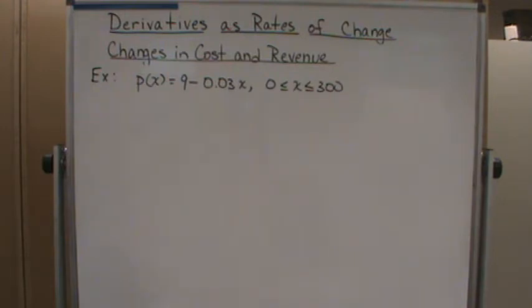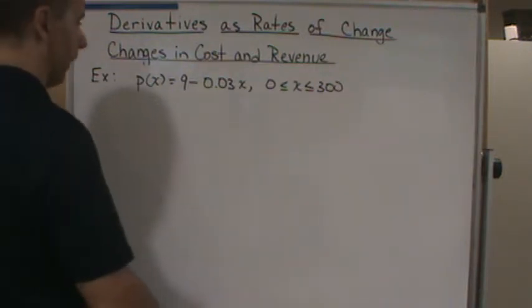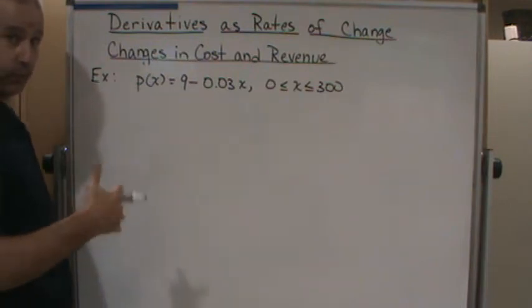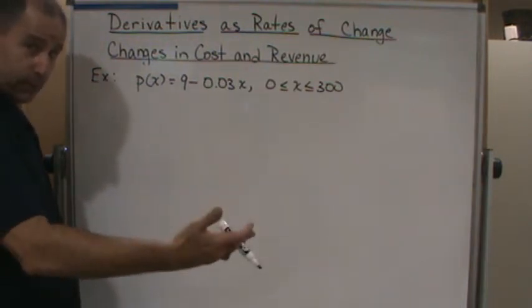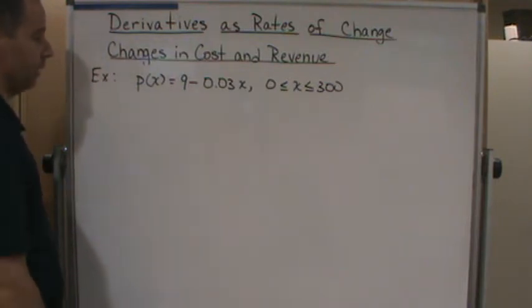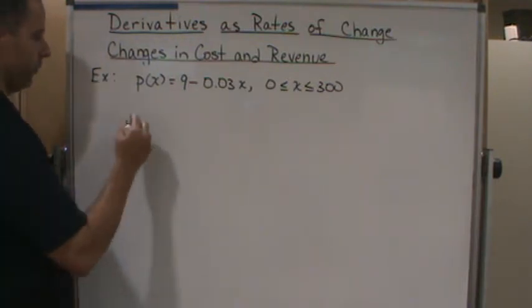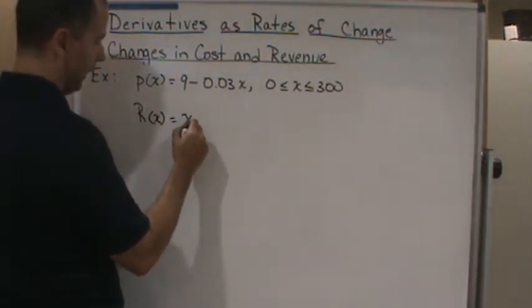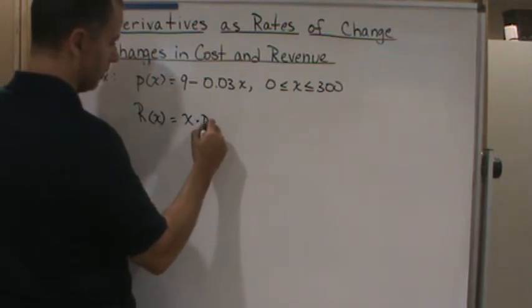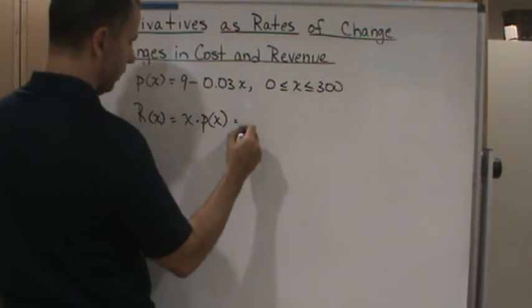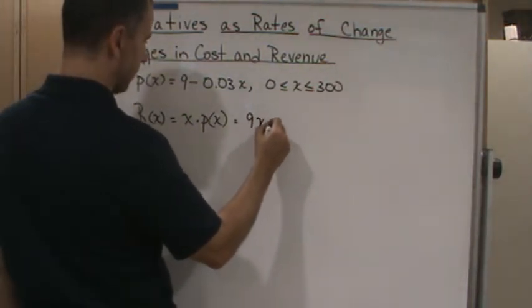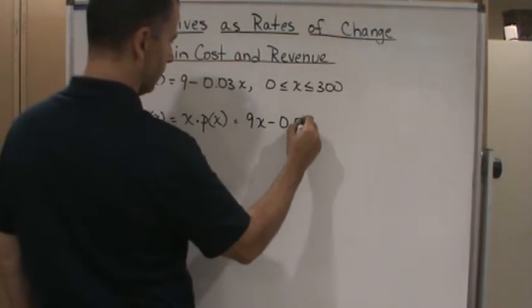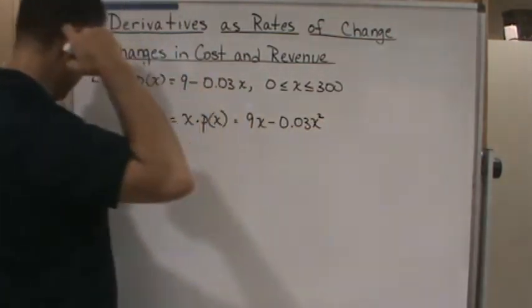Now, it says, in this case, the revenue in dollars obtained by selling X barbecue dinners is given by, well, revenue, right? Revenue is X times price, right? The number of barbecue dinners that you sell, times the price for each one. So revenue, in this case, would just be X times P of X, which is now going to equal 9X minus 0.03 times X squared.